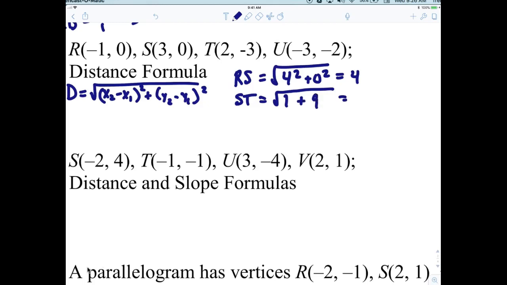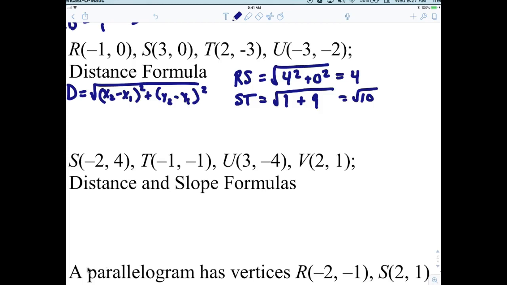So ST is radical 10. I'm doing ST, right? Are you having trouble with 3 minus 2? No. Okay, so are you having trouble with 1 squared? Sorry, I don't know what I was thinking. All right. Now we have ST as the square root of 10.